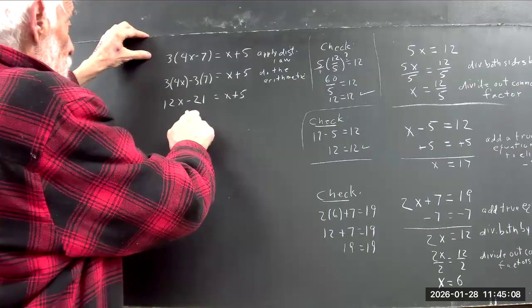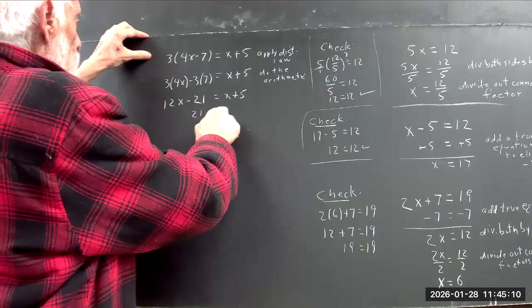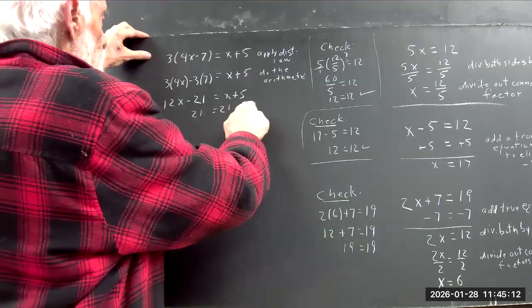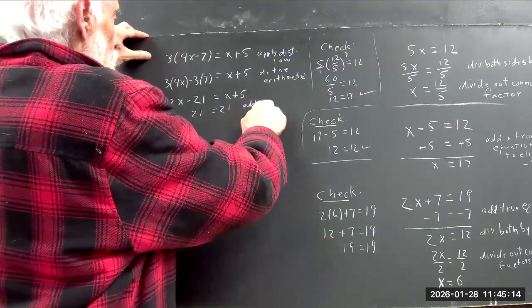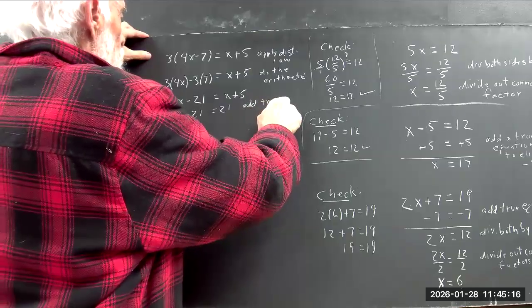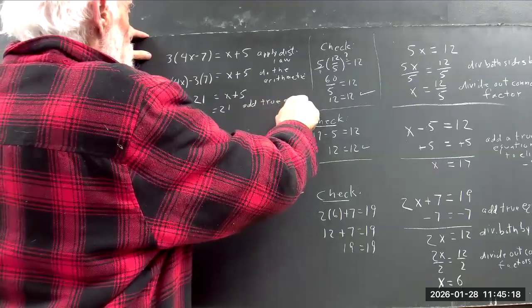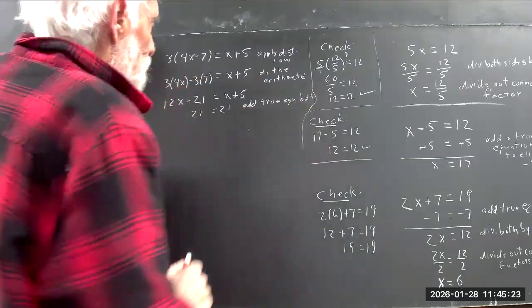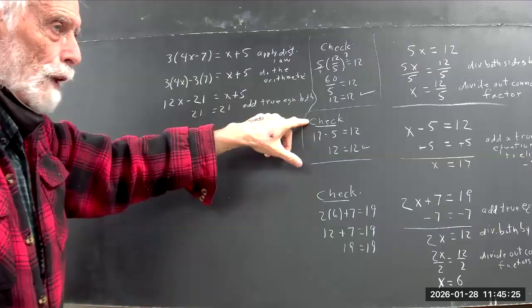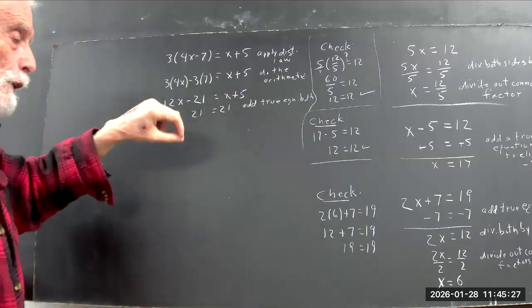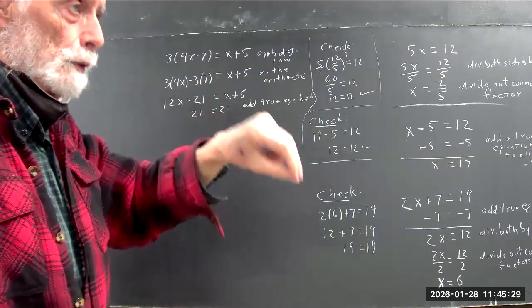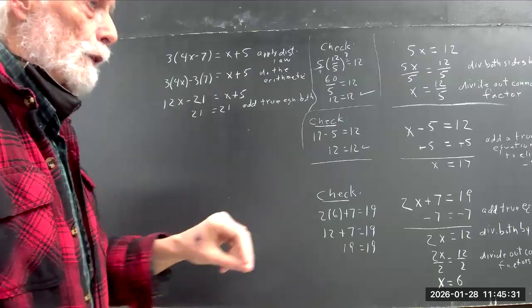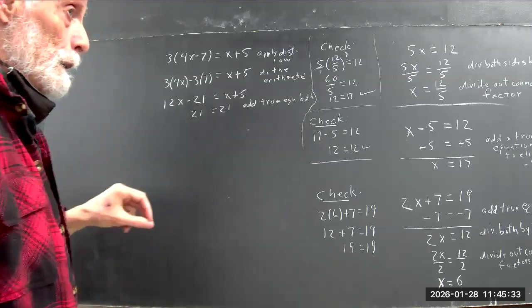So we're going to add the equation 21 equals 21. Add true equation to both sides. Make sure if you write down an abbreviated statement that you think about what it means as you write it down. It will stay with you when you need it.